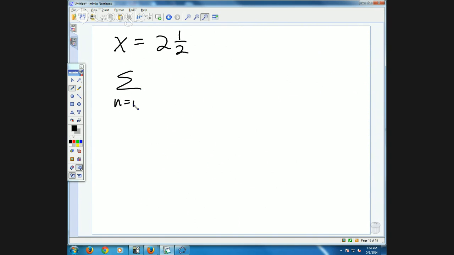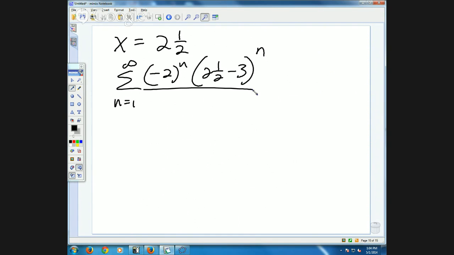Sum as n goes from 1 to infinity of negative 2 to the n times 2.5 minus 3 to the n over the square root of n plus 3. Well, what's 2.5 minus 3?